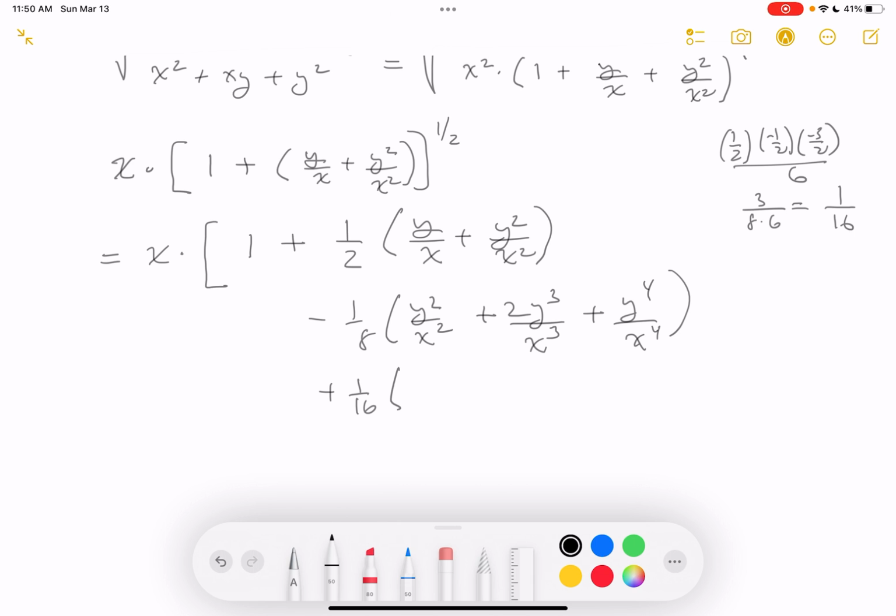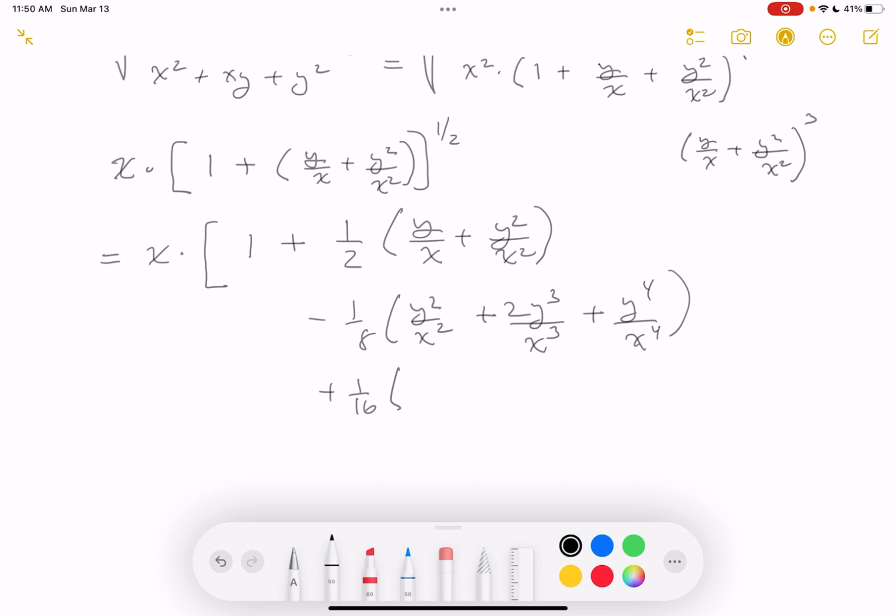Yep, I got to expand to cubic now, right? All stuff that we know how to do. And again, I want to tell you what we're doing over here. We're expanding y over x plus y squared over x squared, and we're cubing it.